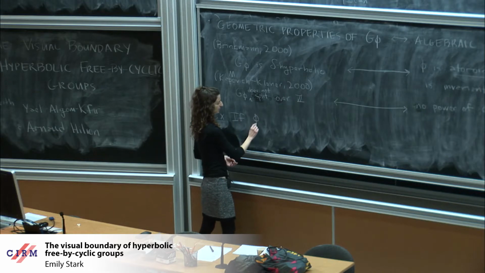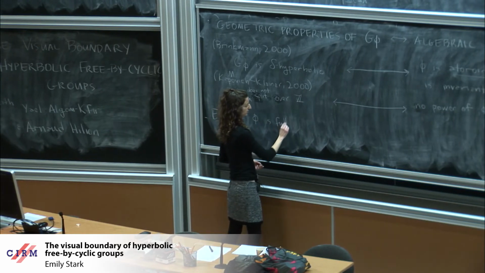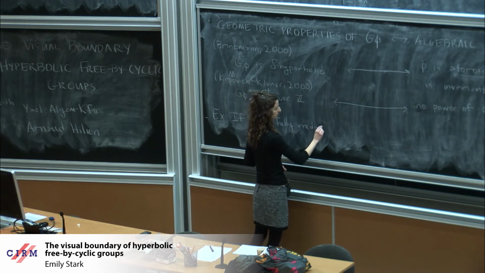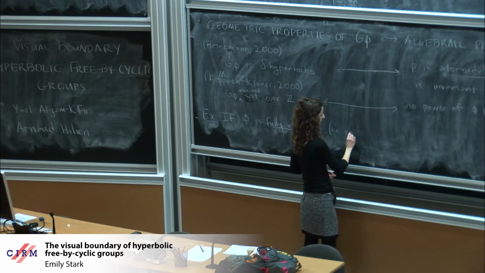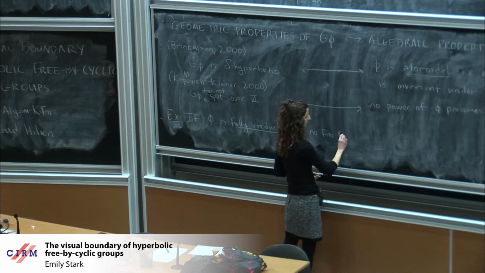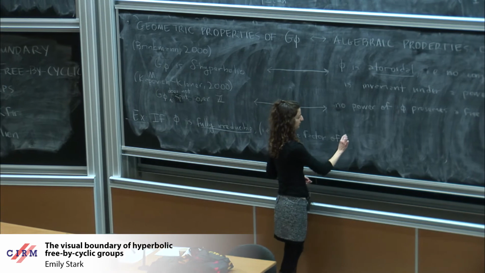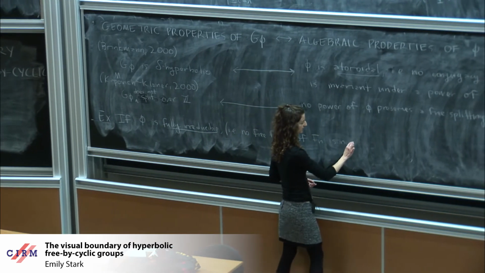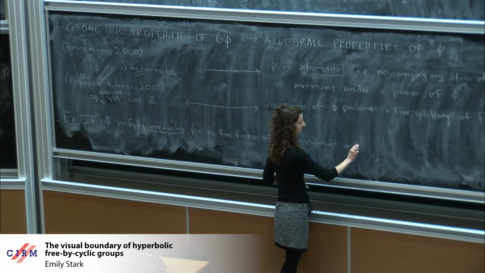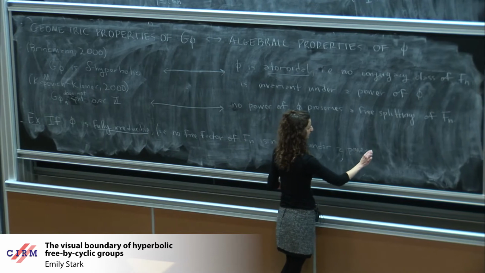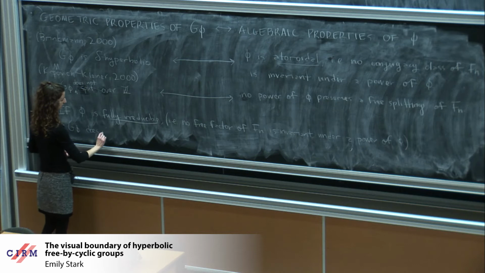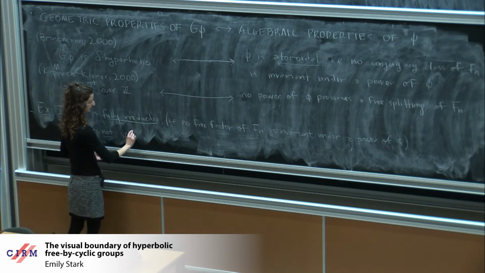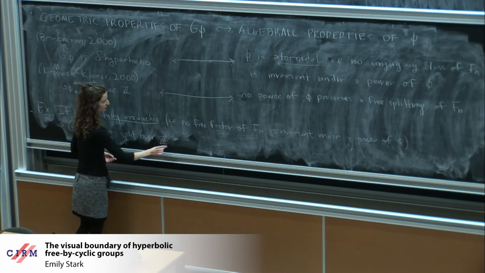So if phi is fully irreducible, which means that no free factor of the free group is invariant under a power of phi, then the free-by-cyclic group G phi does not split over the integers.